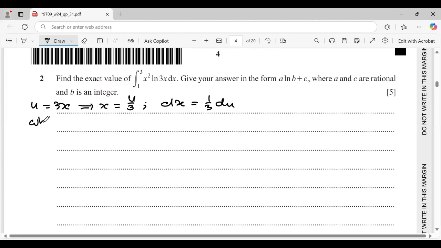Now when x equals 1, u equals 3 because 3 times 1. When x equals 3, u equals 9.